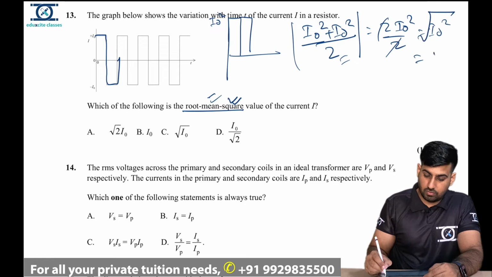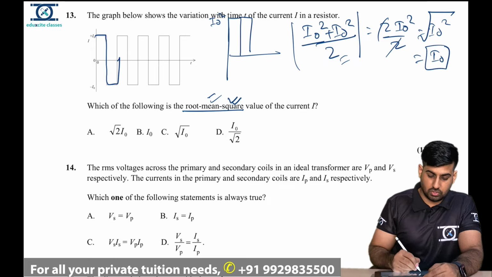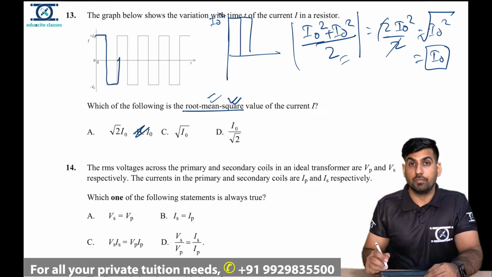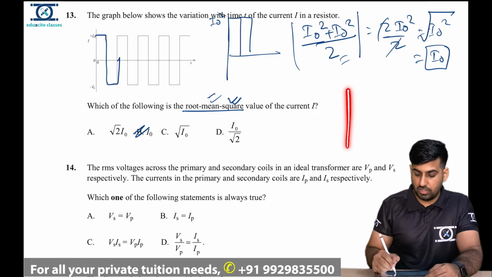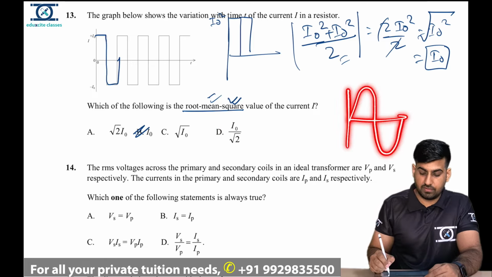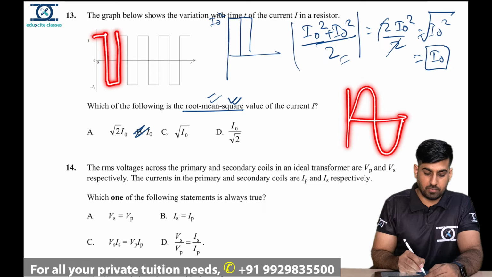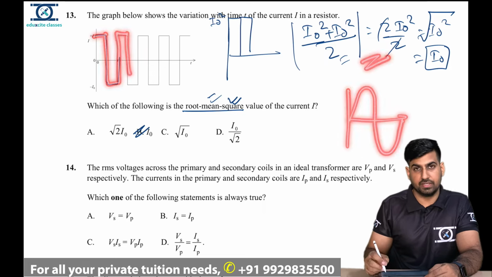So the root of I naught square will be I naught only. So the option will be B, not I naught by root 2, because I naught by root 2 will only be possible when there is a wave type of change of the values for the voltage and the current. But for this type, you have to go for the basics.